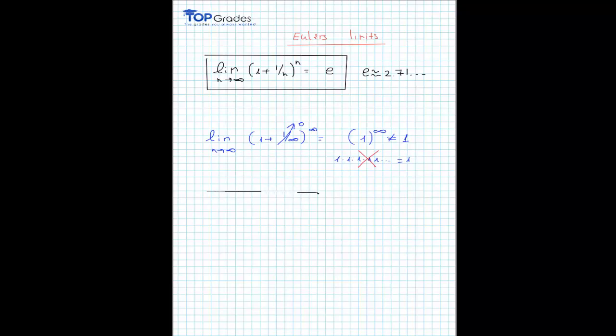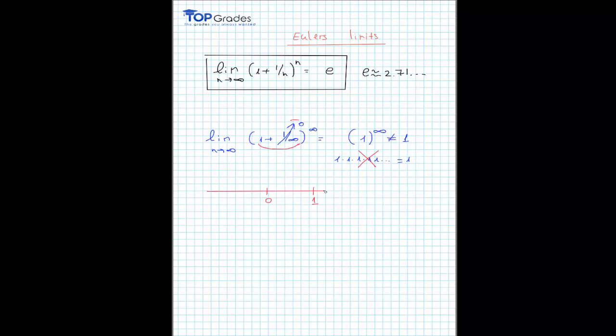Let's look at the numbers. This is 0 and this is number 1. We are going to number 1. When we look at this, we see that when n goes to infinity, this fraction goes to 0, but the number here is not exactly 1.